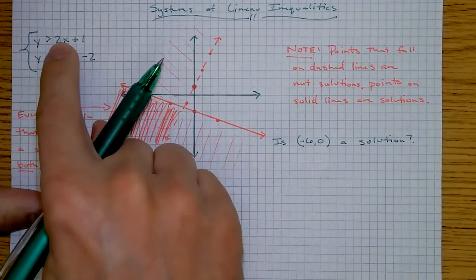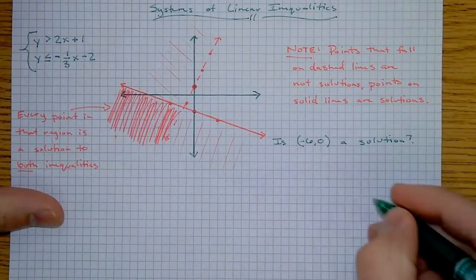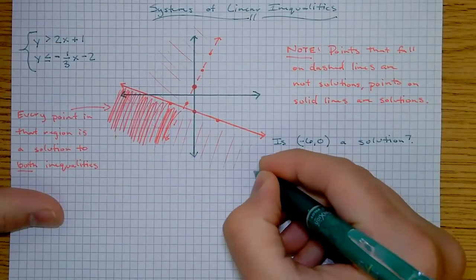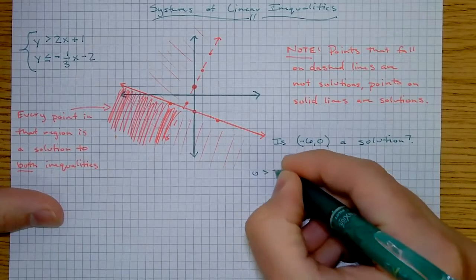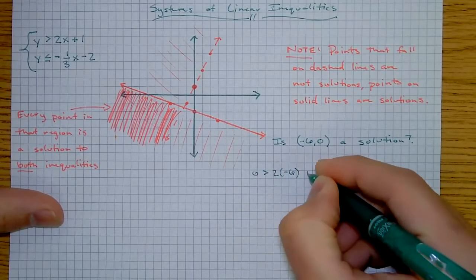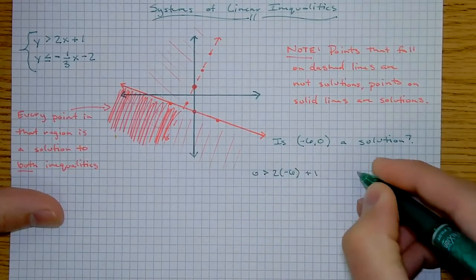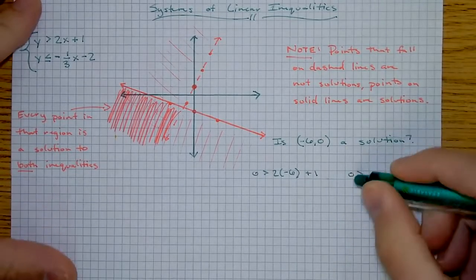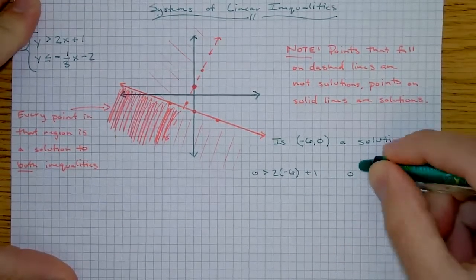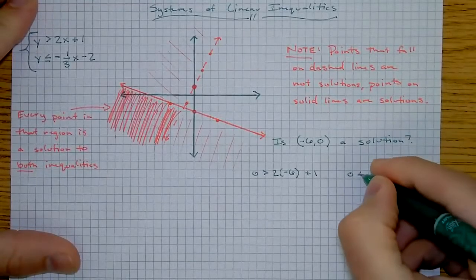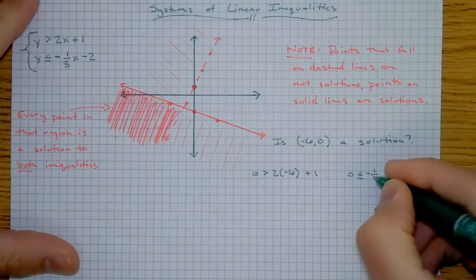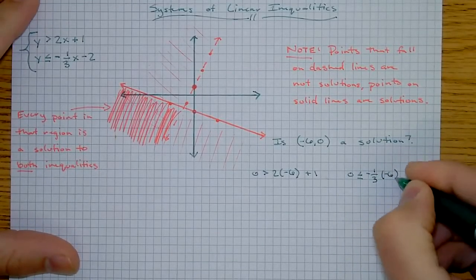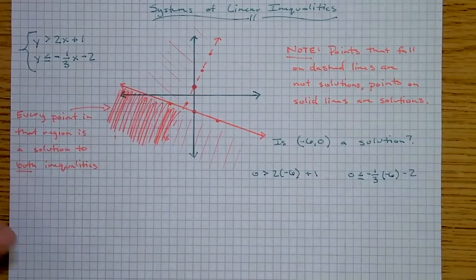Well, we'd have to plug it into each one. Plug it into the first one and you get 0 is greater than 2 times -6 plus 1. Plug it into the other one, you get 0 is less than or equal to -1/3 times -6 minus 2.